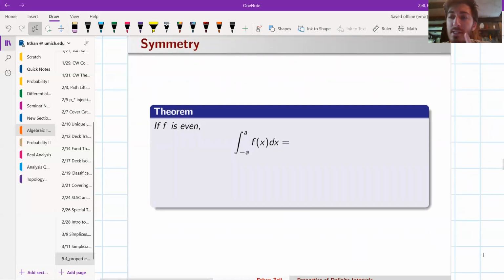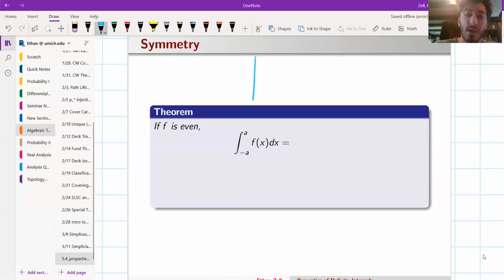Here are two more properties that will not be tested, but I think are very useful all in all. Remember, we talked about even and odd functions very early in the semester, and even functions are functions with a certain kind of symmetry, right? So symmetry over the y-axis.